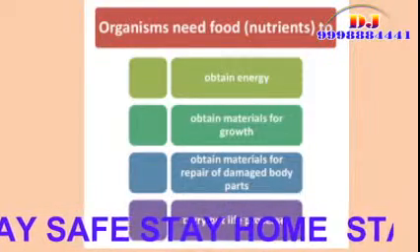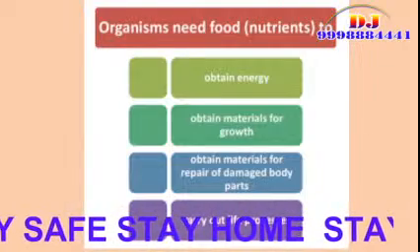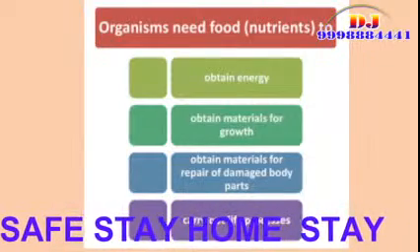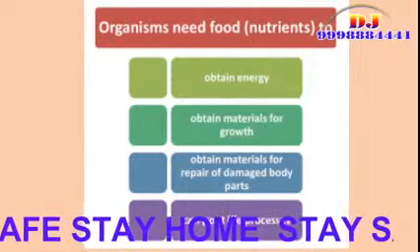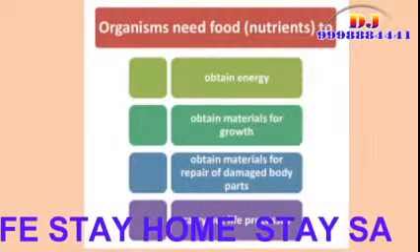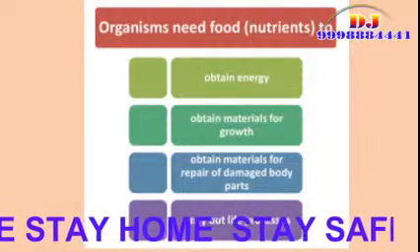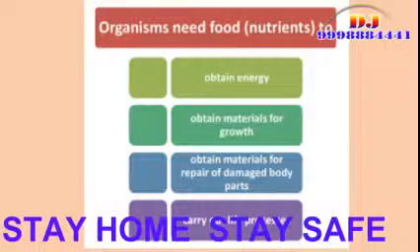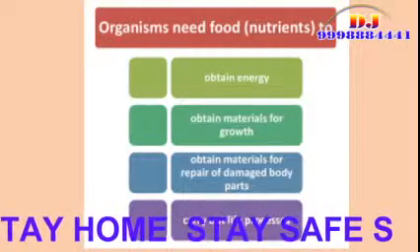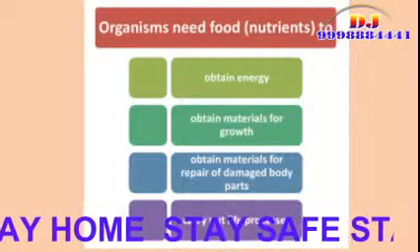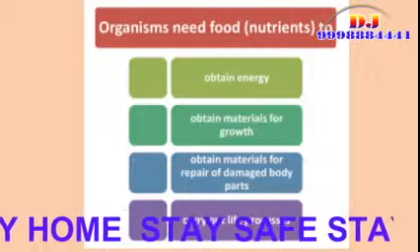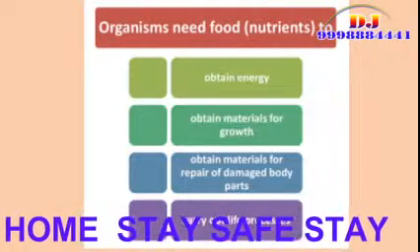Food gives us energy to do work, grow and remain healthy. Each food item is made up of ingredients from plants or animals, and these ingredients contain components called nutrients. Is that clear, dear students?